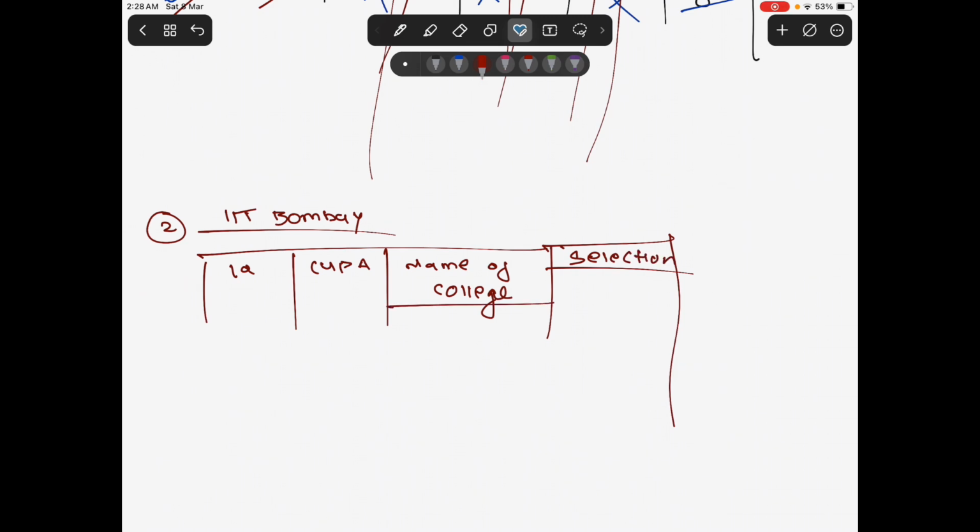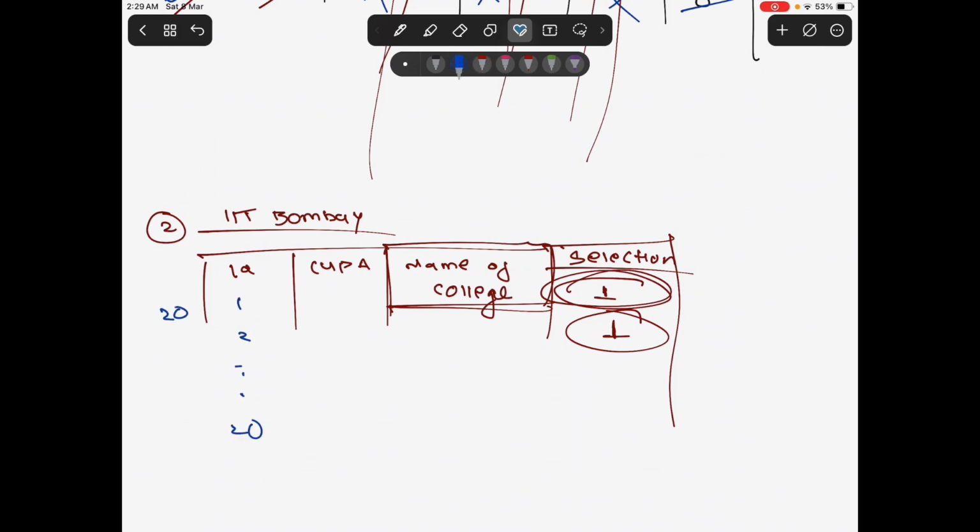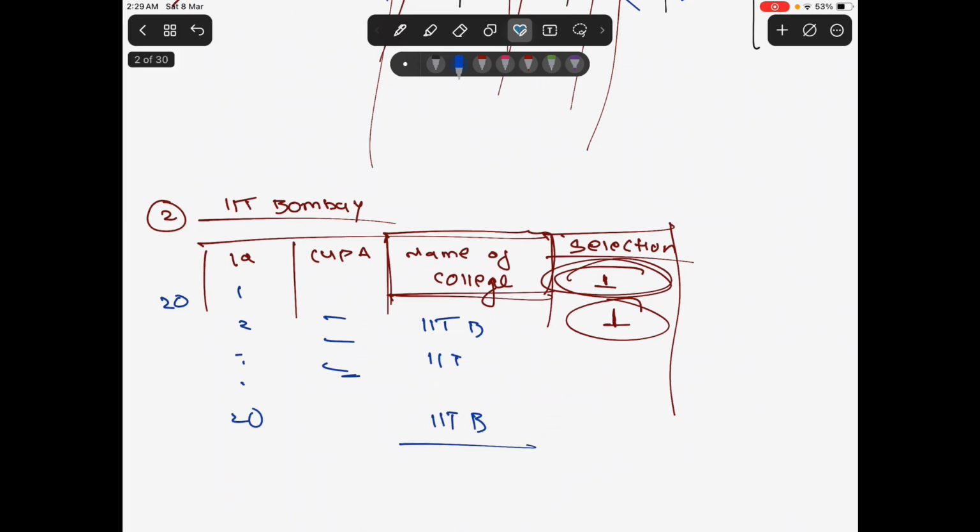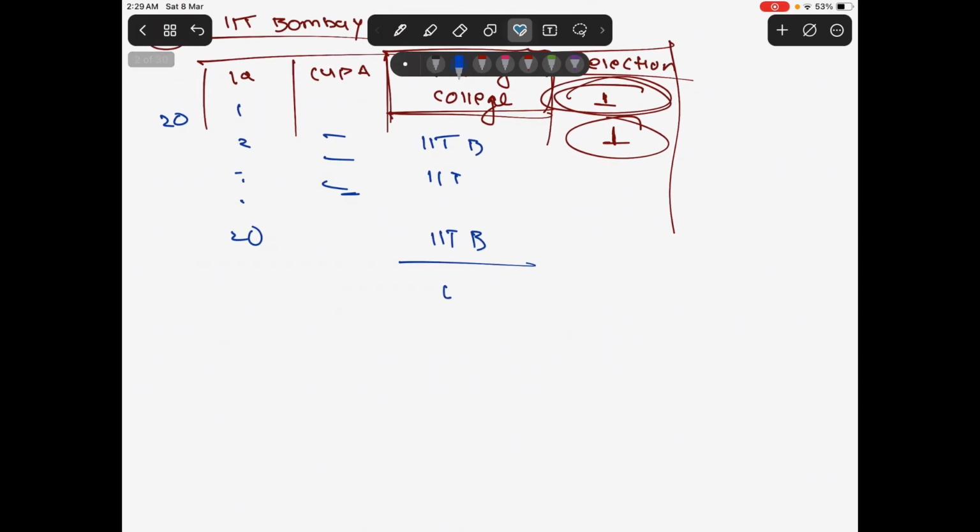Do you think this column, name of college, will actually contribute to the result in the selection column? Actually, if there are 20 students, let's take 20, 1, 2, 3, 4, up to 20, with some CGPA, but the name of college for every student will be just IIT Bombay, IIT B. If you carefully notice, the variance in this case is 0.